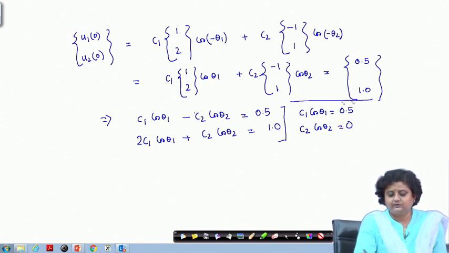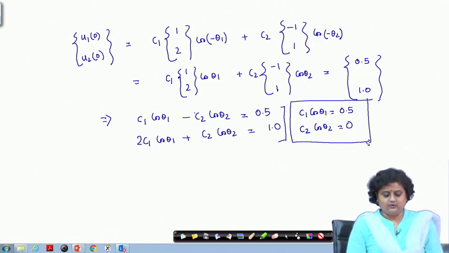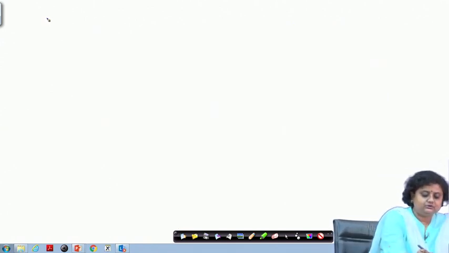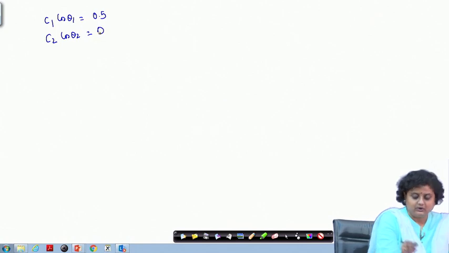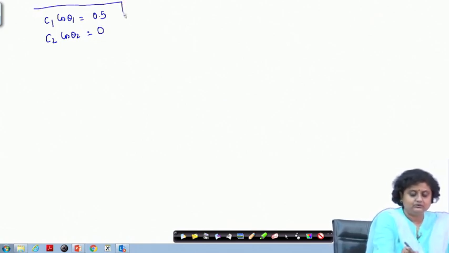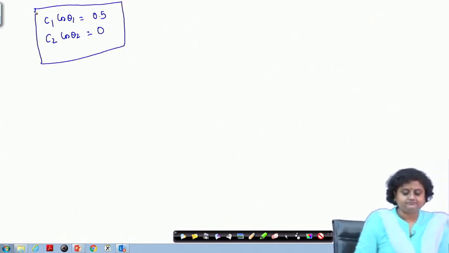This is the solution that we are getting out of these two equations. Let me just write it: C1 cos theta 1 is equal to 0.5 and C2 cos theta 2 is equal to 0. These are the 2 solutions that I will use later.